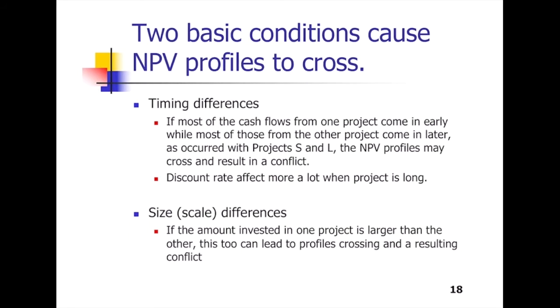The first one is timing difference. If most of the cash flows from one project come early, while most of those from the other project come later, in this case MPV profiles may cross and result in conflict.